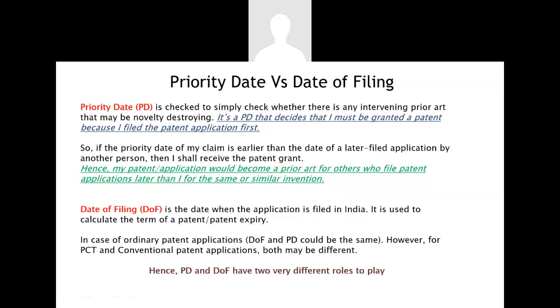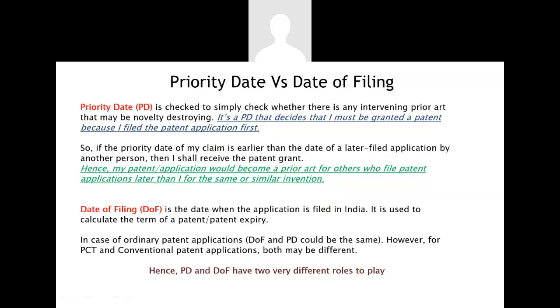Similarly, if you have a priority date X for a subject matter Z for which you are prosecuting your patent application, and anybody comes later than your priority date, then your patent application would become a prior art against the later filed patent application. So that's where priority date becomes important, to check the prior art and whether something may be novelty destroying or not.